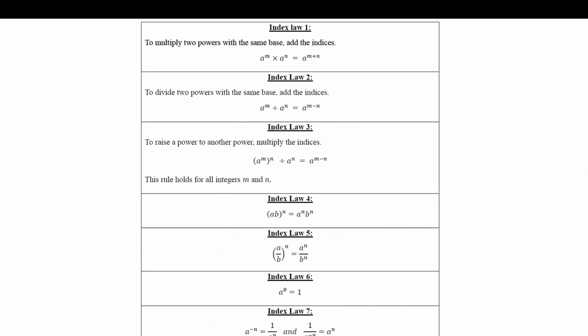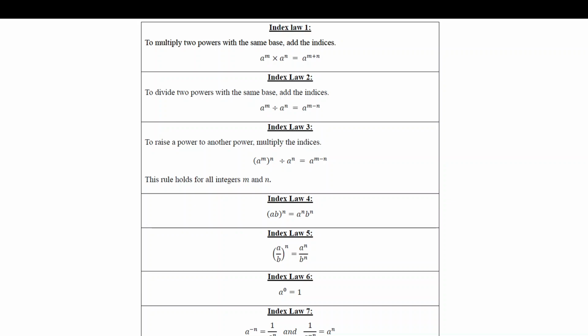So let's just refresh our memory of what index laws we know. Maybe the last few you might not have seen before, but you should be familiar with at least most of these. So I'll just keep that frame right there for you to look at.